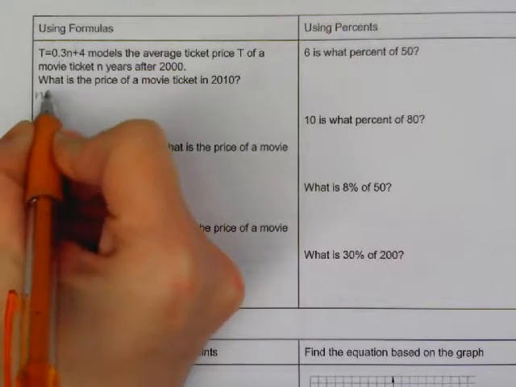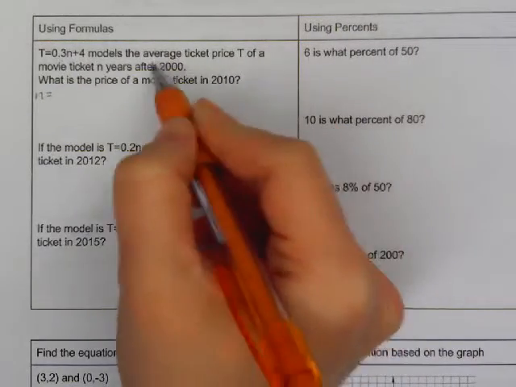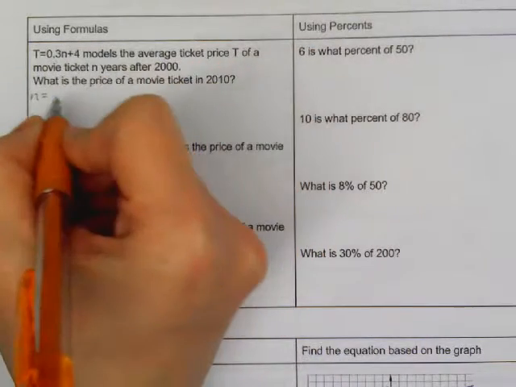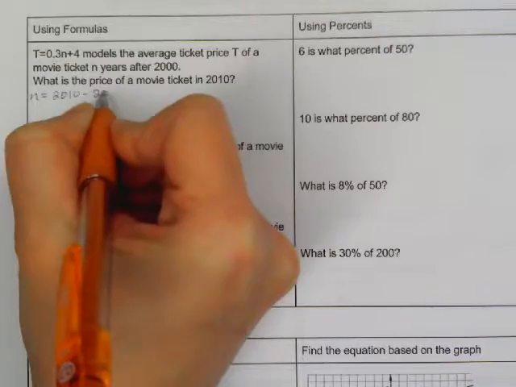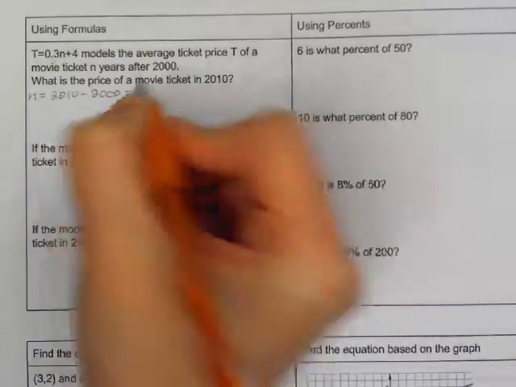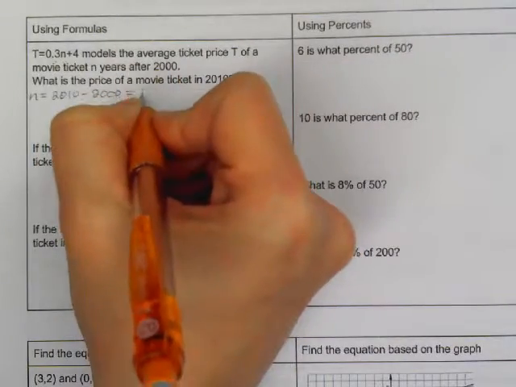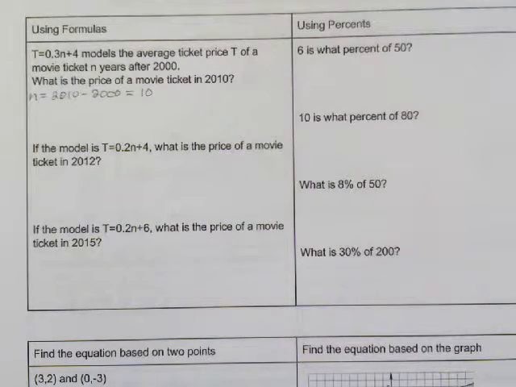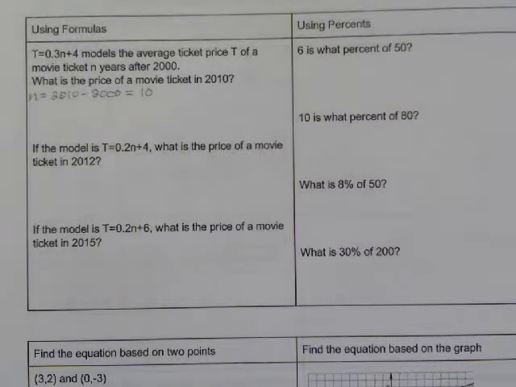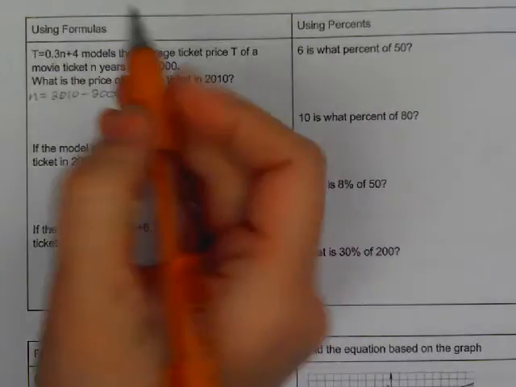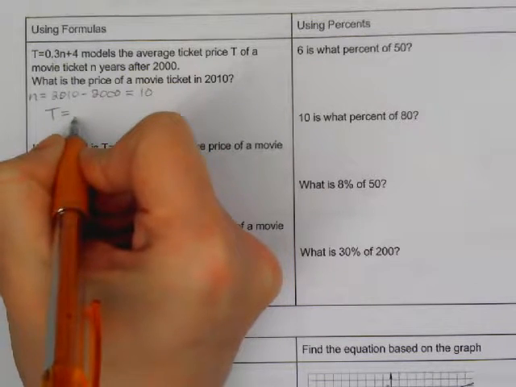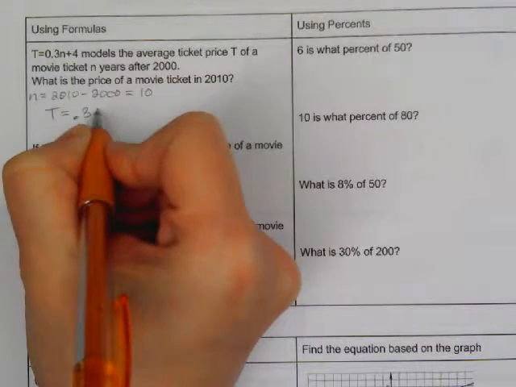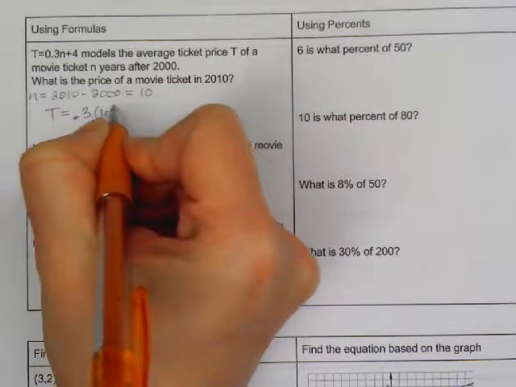So 0.3 times 10 is what? 3. So 3 plus 4 equals what? So what's my label on this? 7, $7. That's your answer.